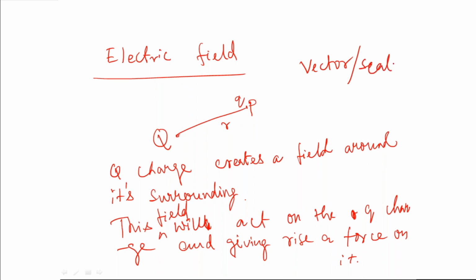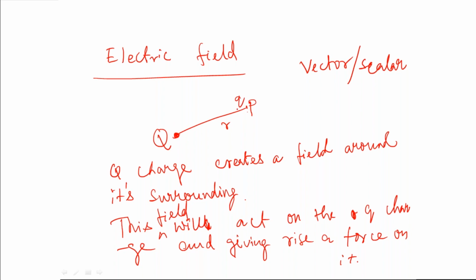So what is field? Field can be either a scalar quantity or a vector quantity. And field means how the distribution is with respect to the space. Suppose this capital Q is creating a field, how is the field distributed?